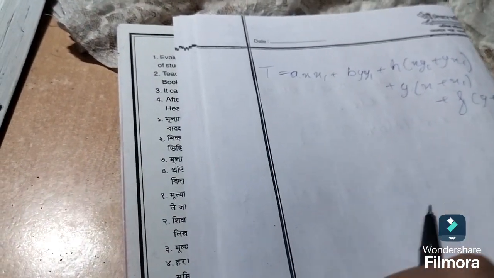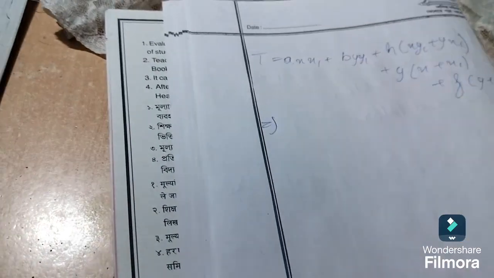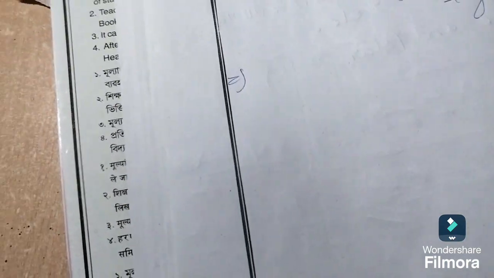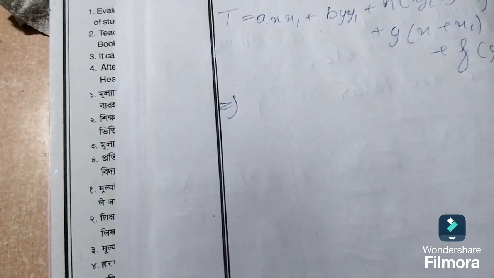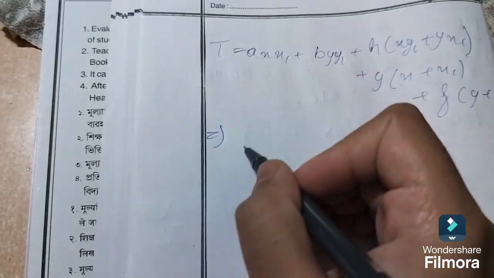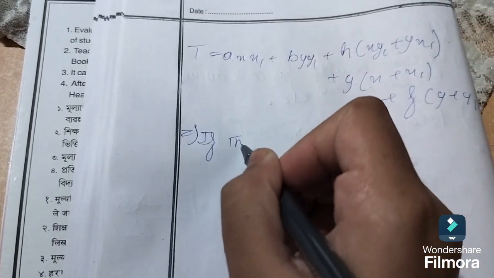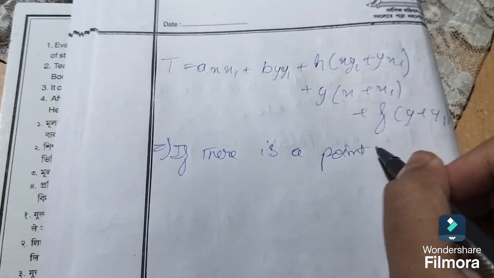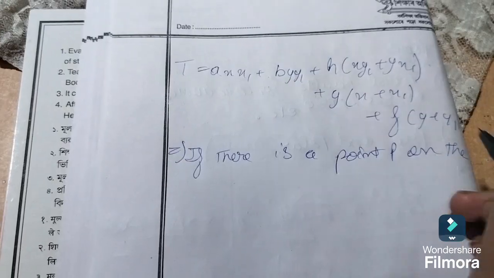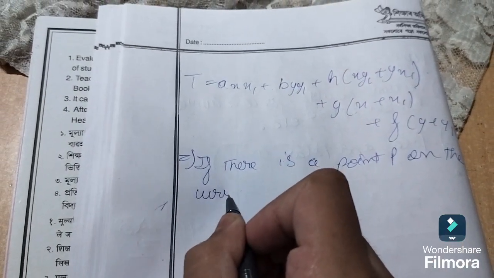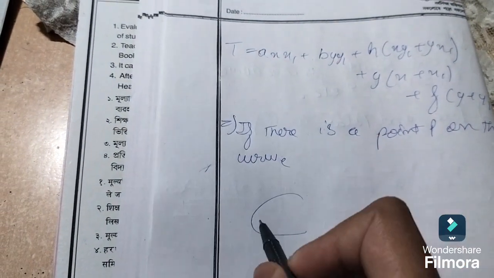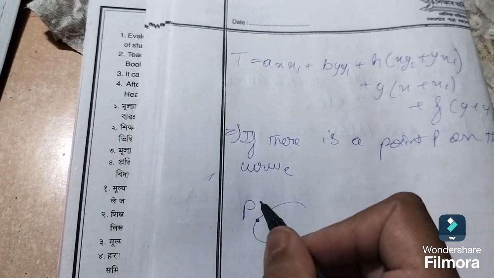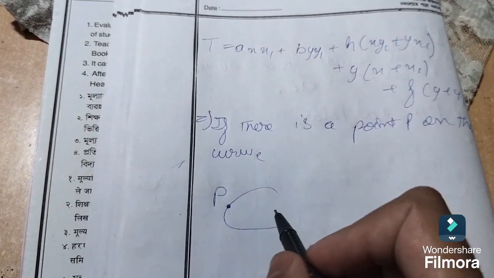So T and S we have defined. Now let's go for the general results. So the general result goes like this. If there is a point P on the curve, let's say any curve, and here is a point P on the curve, right?